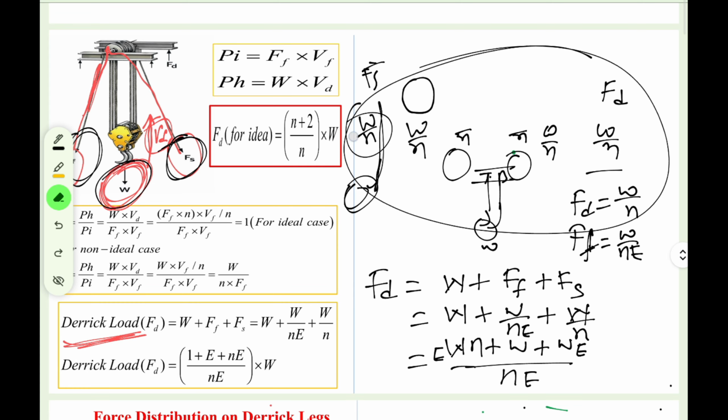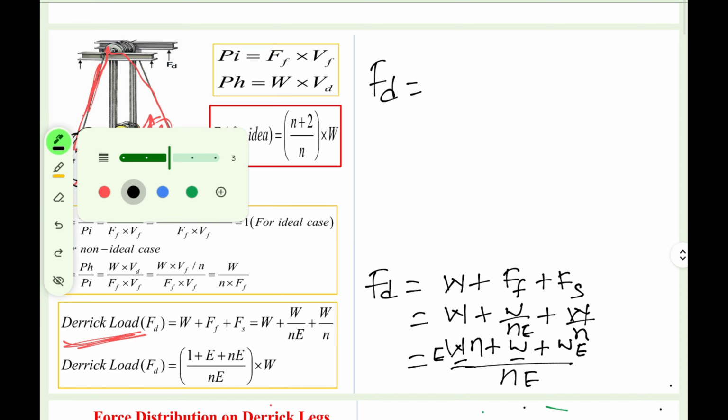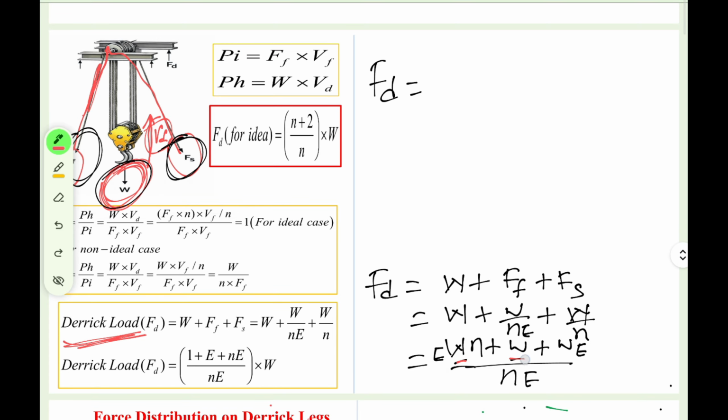Now, what is the final output after some calculation or taking common terms? If you observe carefully, W is everywhere, so I can take W common.